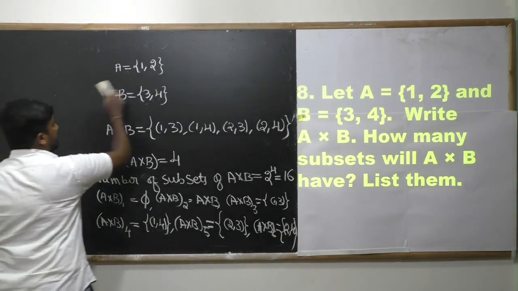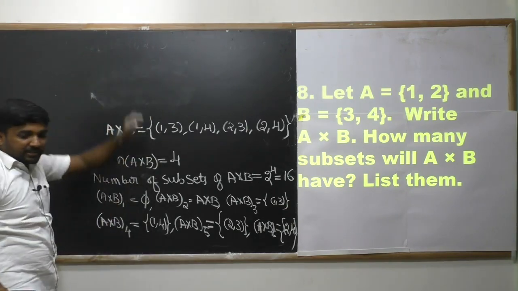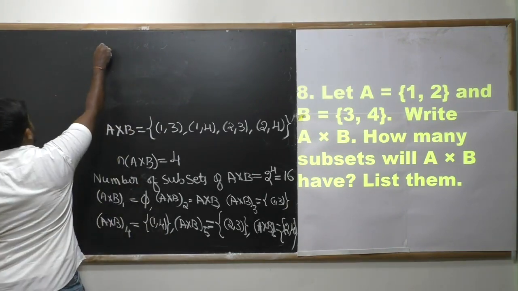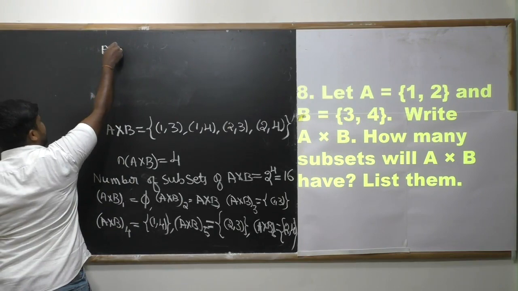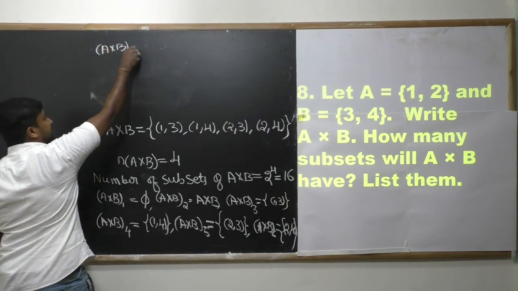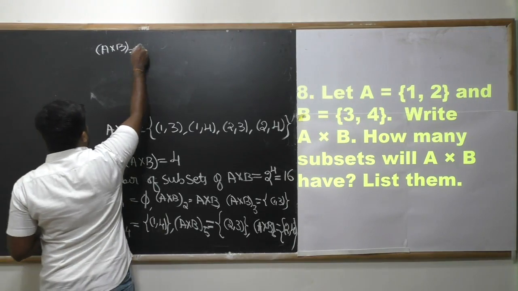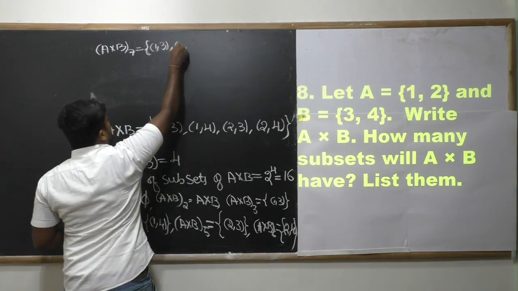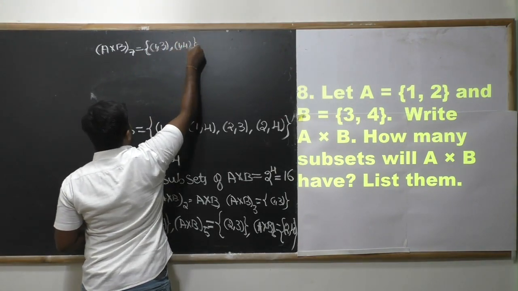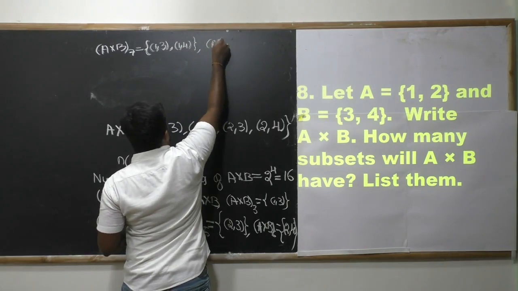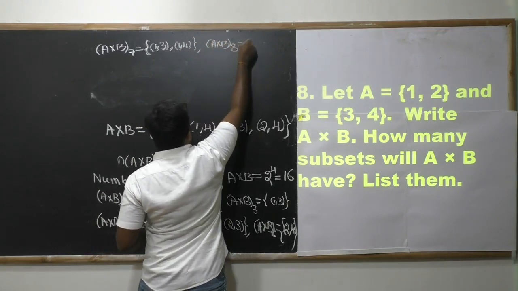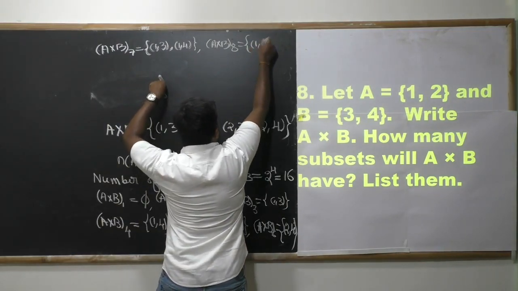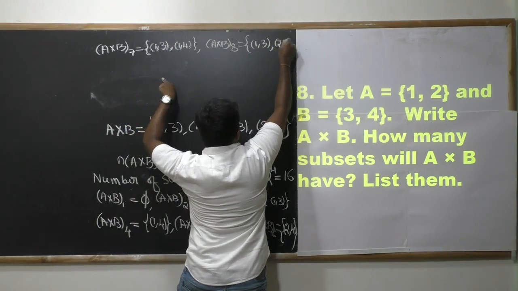Here I am writing the remaining 10 subsets of A cross B. A cross B of 7. This notation represents the 7th subset of A cross B, the set with ordered pairs 1 comma 3 and 1 comma 4. Next, A cross B of 8. The 8th subset is 1 comma 3, 2 comma 3.